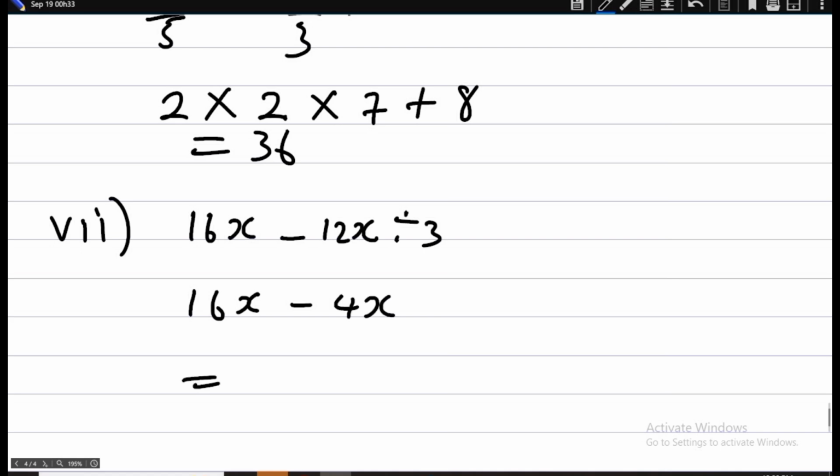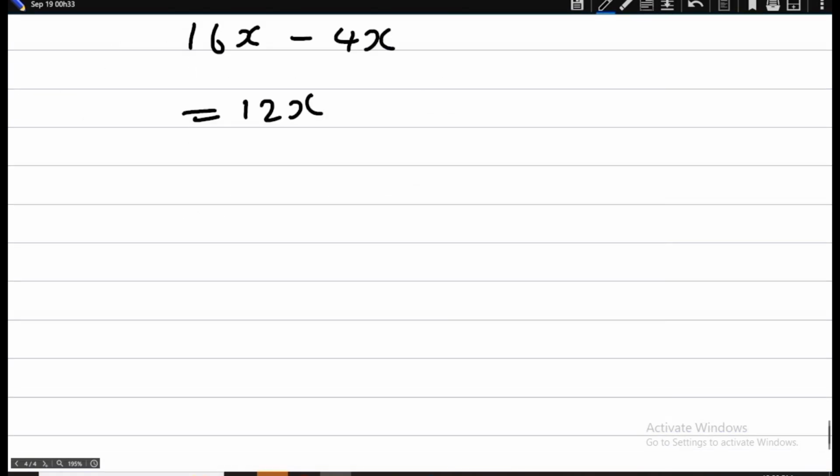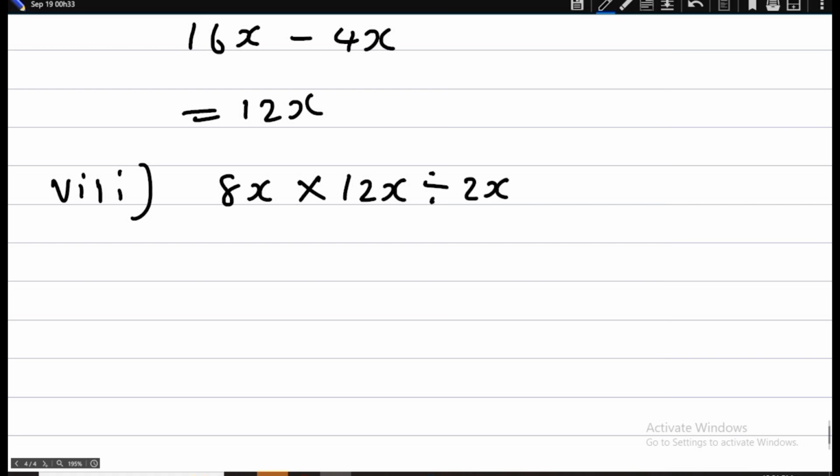So we move to question number VIII, that is 14 VIII, which says 8x times 12x divided by 2x, then minus in brackets 13x minus 3x.